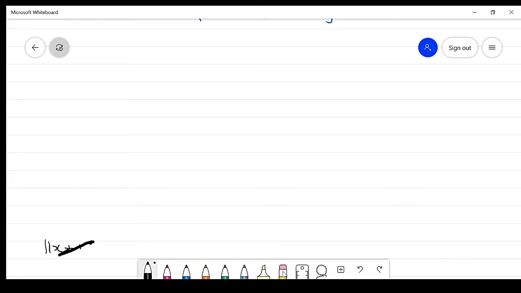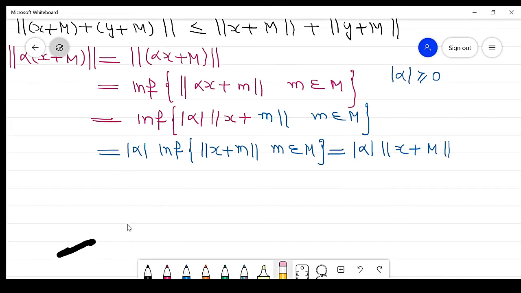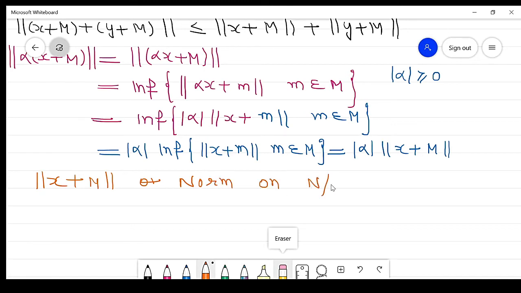Here we proved that this is a norm on N by M, because it satisfied all the properties.